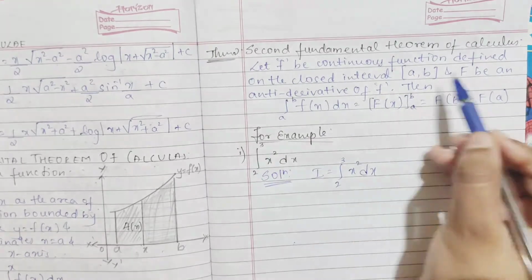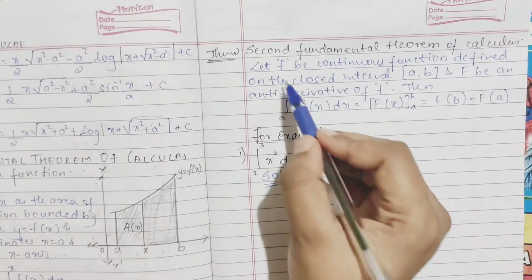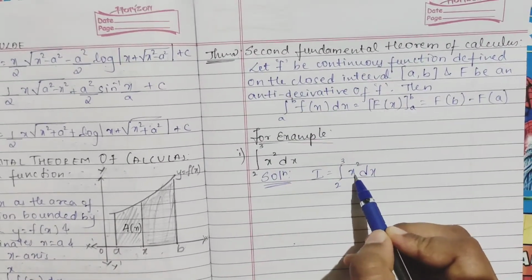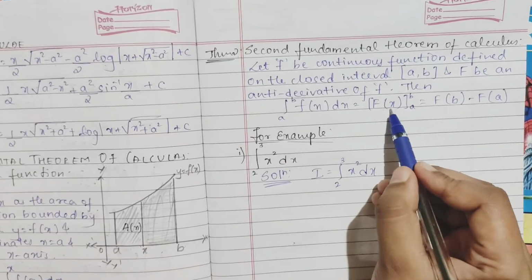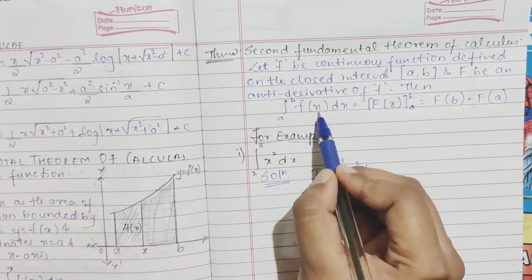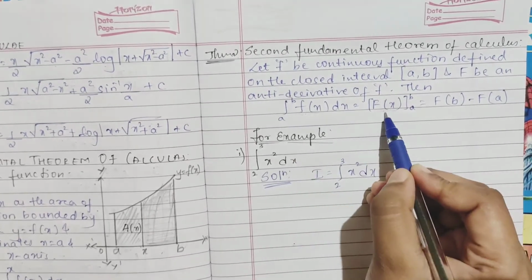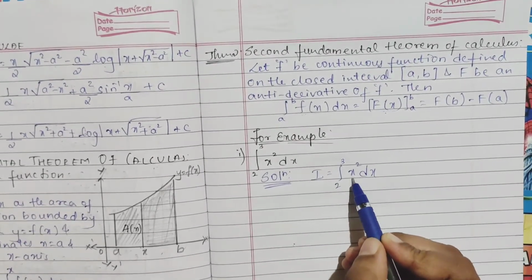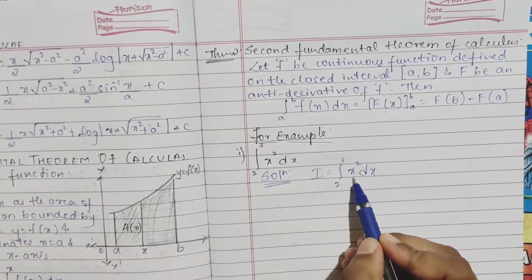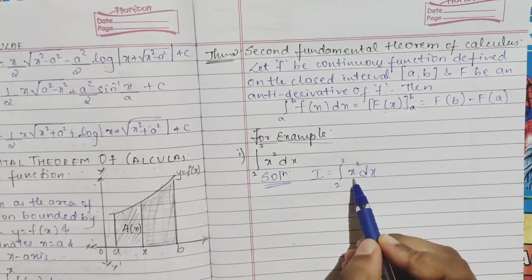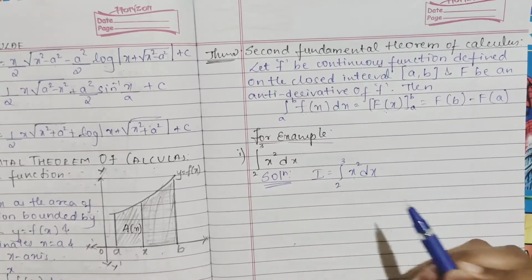Here they have written small f of x, and here it is capital F of x, meaning its antiderivative. So first we will integrate it, then we will apply the limits.